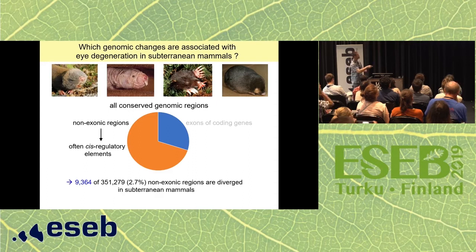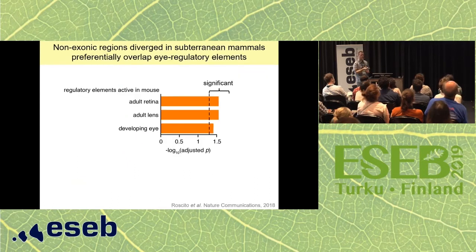Here we screened a large set of 350,000 of these conserved non-exonic regions, and we found significant sequence divergence in about 2.7% or 9,300 of them. We could show that this set of diverged non-coding regions is highly enriched in overlapping regulatory elements that are active in mouse eye tissues, like functional genomics data of adult retina or lens, or also developing eye tissues.